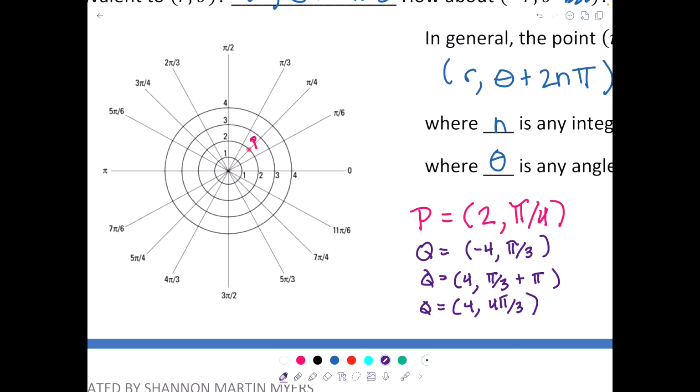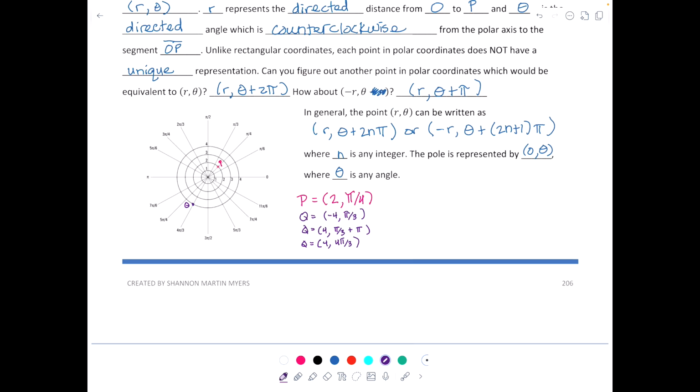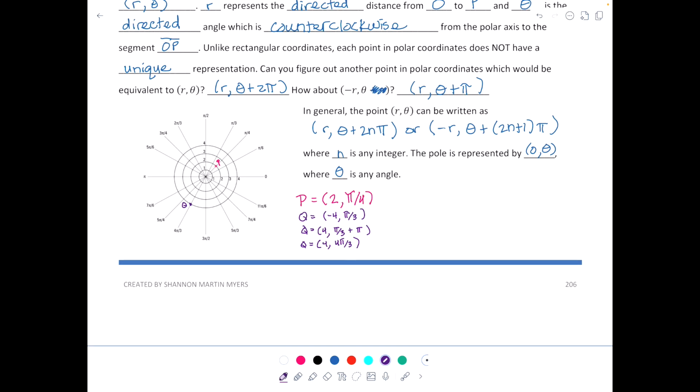So I would go to 4 from the pole, go around the circle all the way to 4 pi over 3 and make my point. And that is my Q. Groovy? Hopefully you can still see it when it's little.